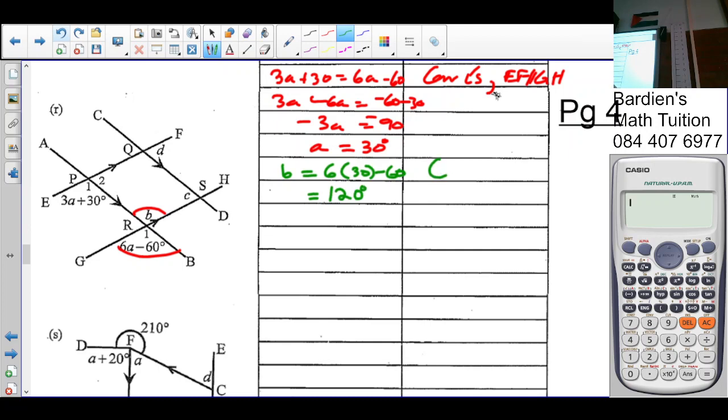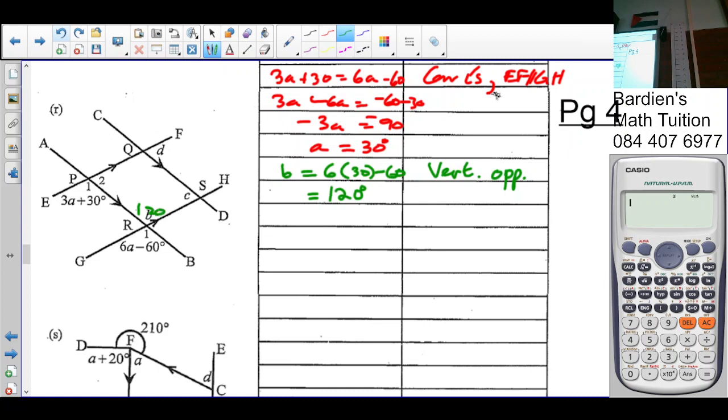And the reason here is vertically opposite angles. Vertically opposite angles are equal. There's 120. 6 times 30. What's 6 times 30? 180. And 180 minus 60 is 120.